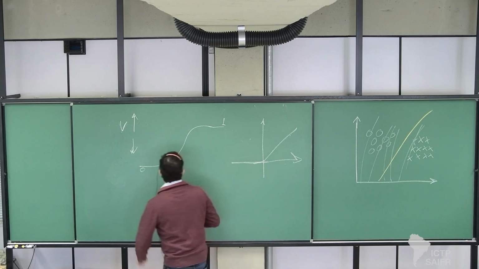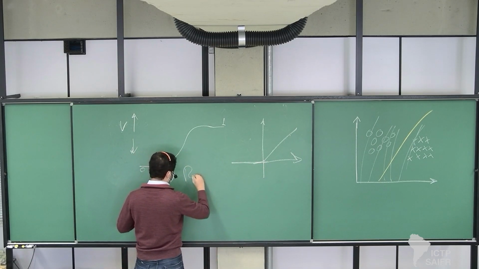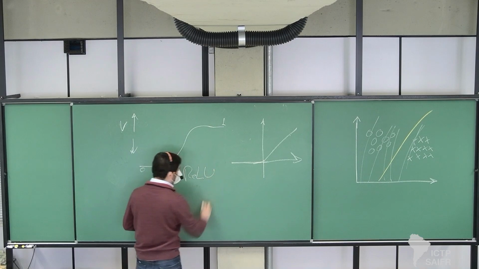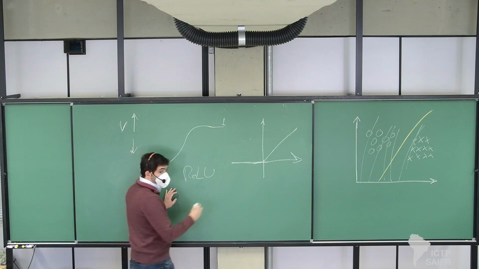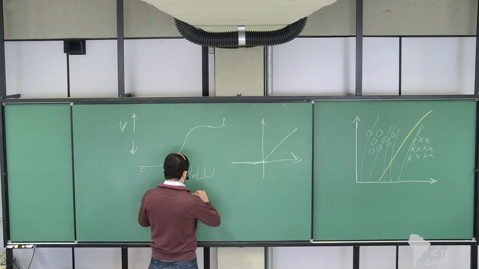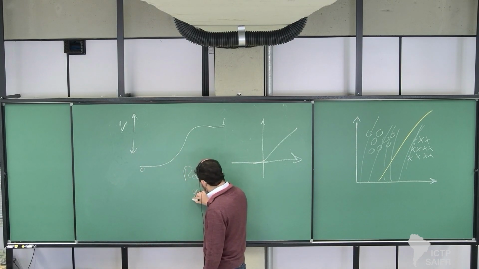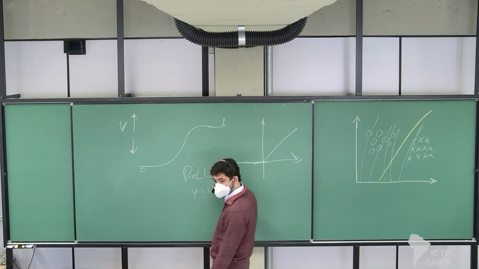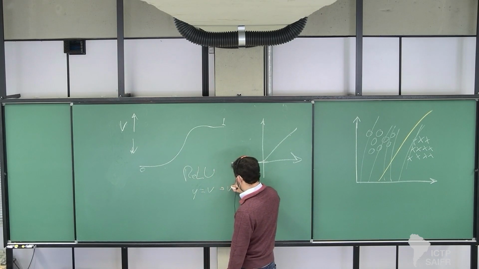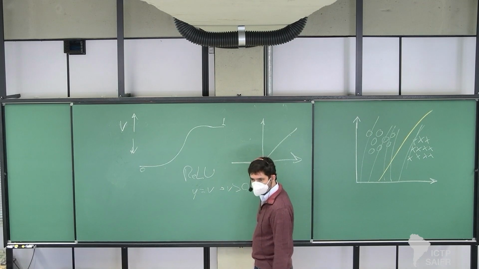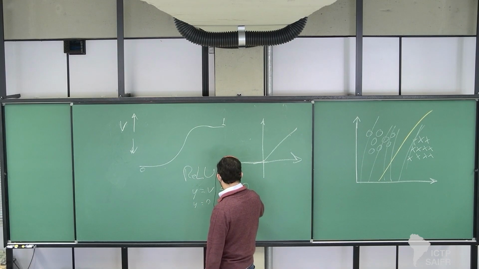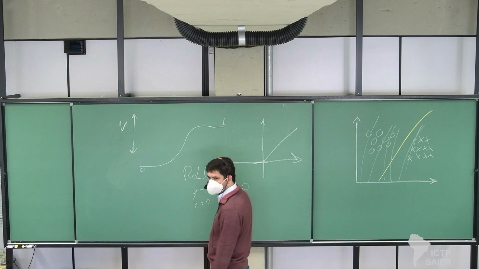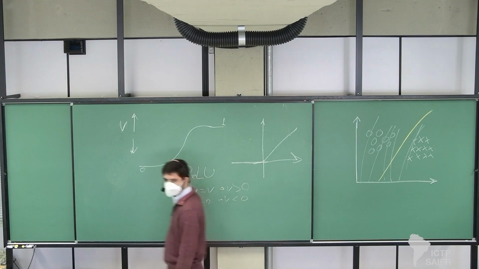The function ReLU is very used. There are other variations, but it's very used. So the Y is going to be V if V is higher than 0, and it's going to be 0 if V is less than 0.